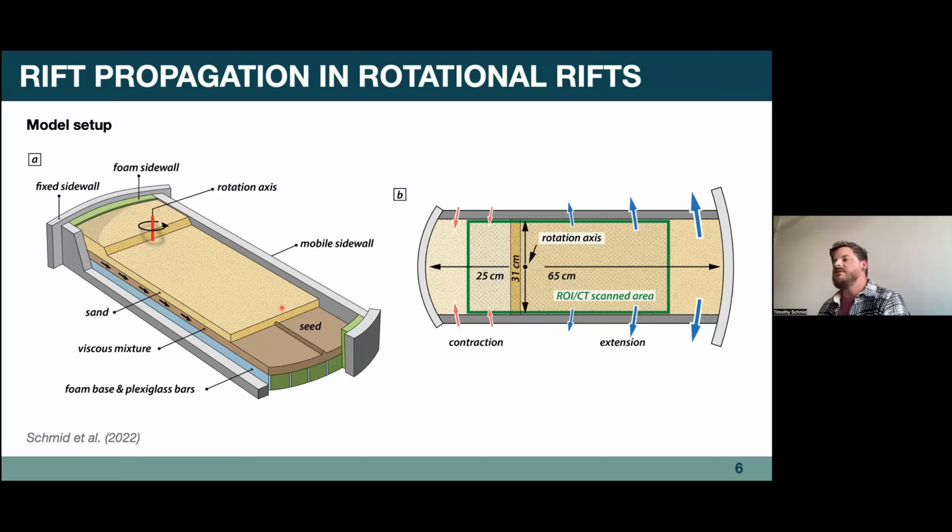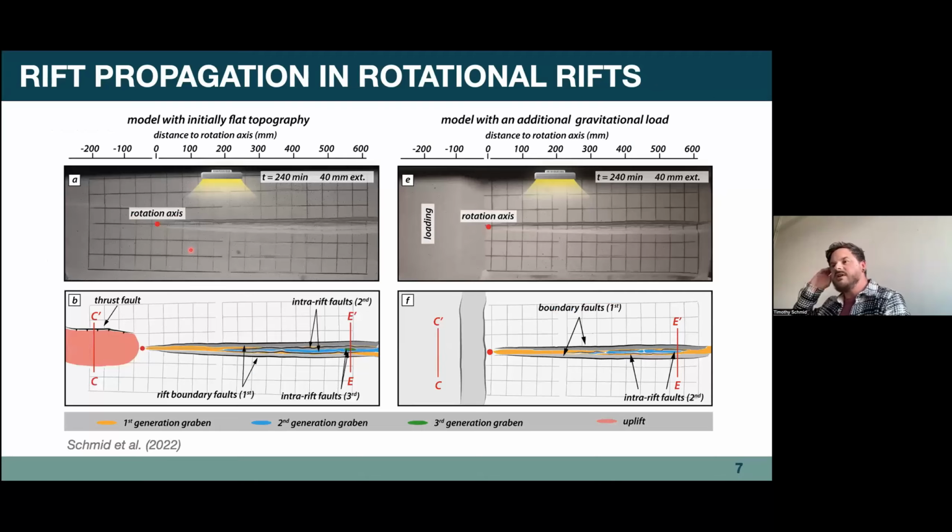We played with different model setups. We also used additional gravitational loadings above the contractional domain to enhance this viscous flow and study it. But if you first look at a very quantitative description of the model deformation, we have on the left side a reference model where we have an initially flat topography, so no additional load on the compressional domain.